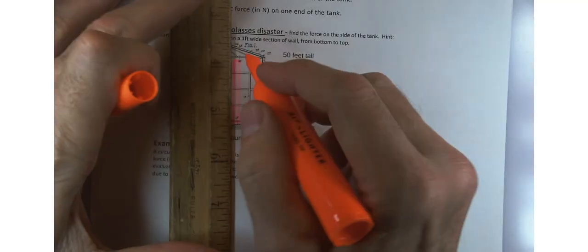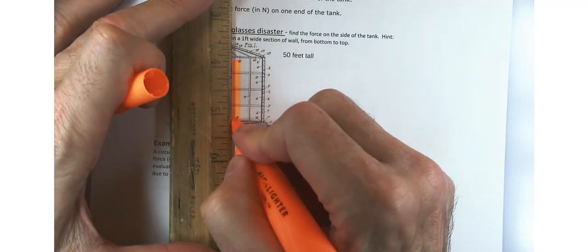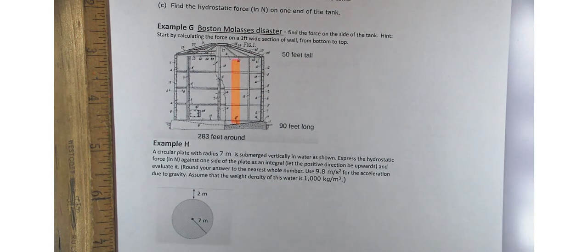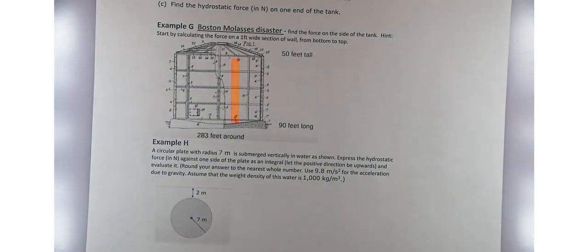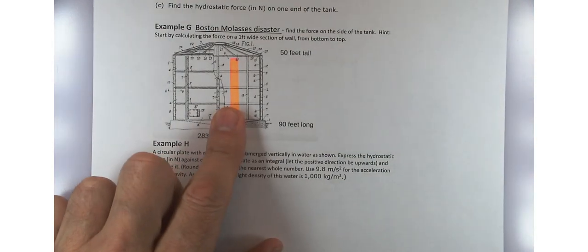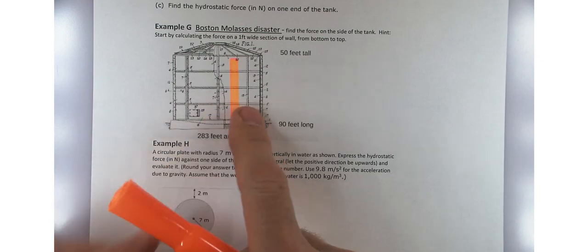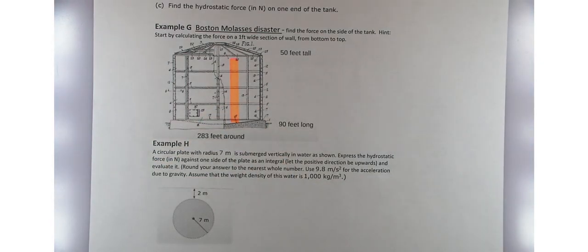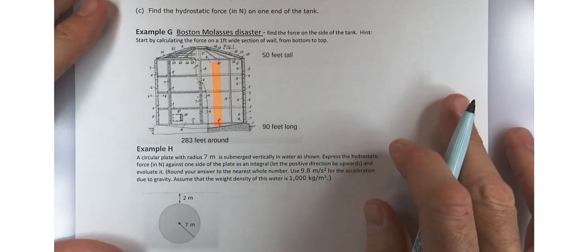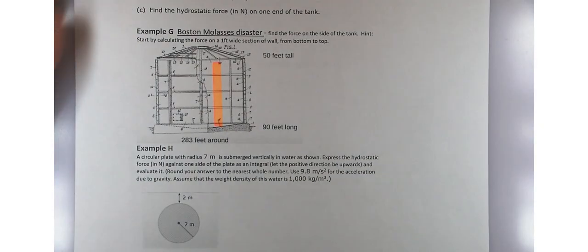And we're going to look at just a 1 foot slice on this, and then we'll account for the fact that it's got a diameter of 45 feet. Then we'll have to multiply by the circumference to figure out just how much pressure is on this.